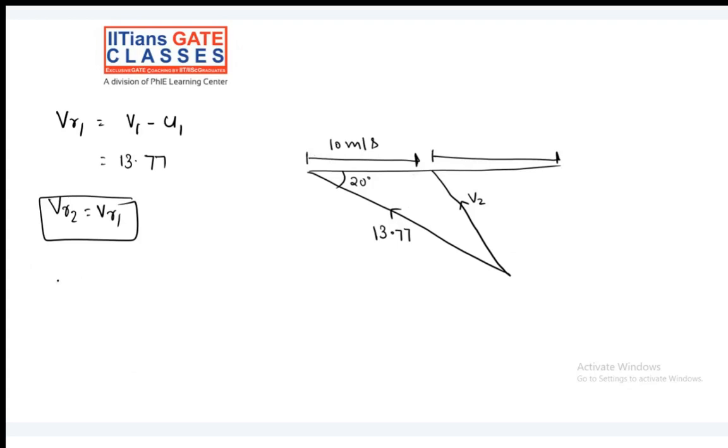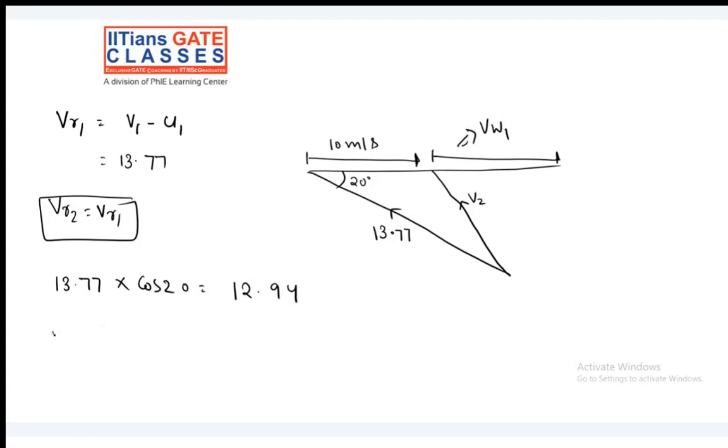So the cos component, 13.77 times cos 20, this value is 12.94. So this value VW1, this is VW1 now.